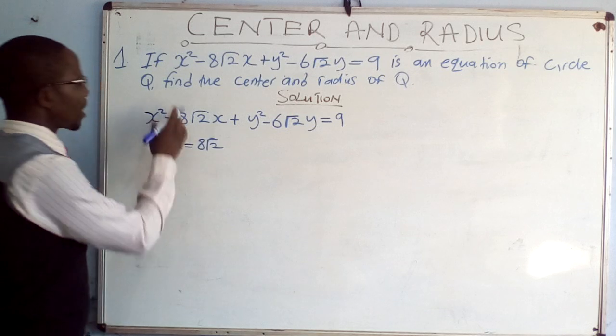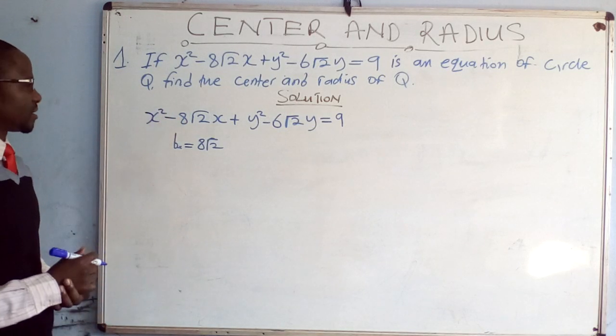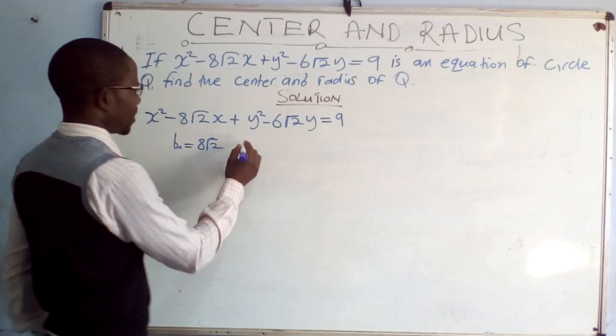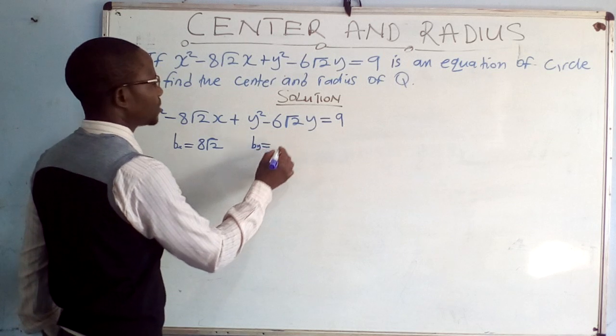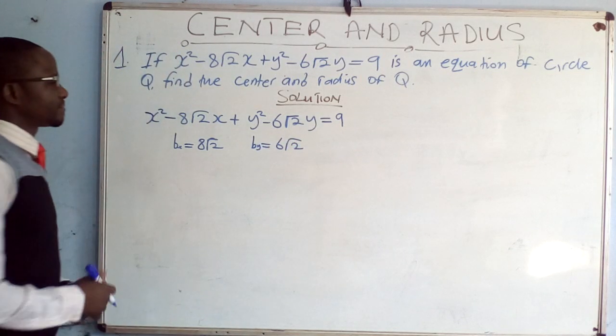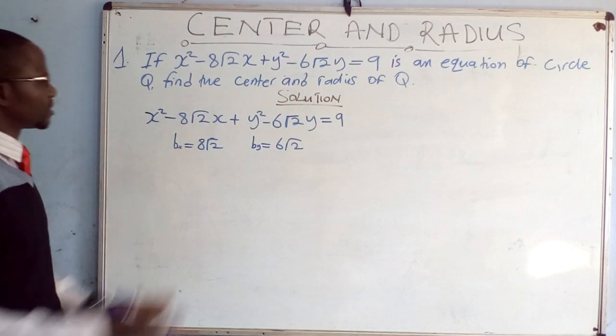Please, it's okay even if you ignore the negative there, it will still come out. Then our b in terms of y is going to be 6 root 2. Ignore the negative, the answer will still come out correct.